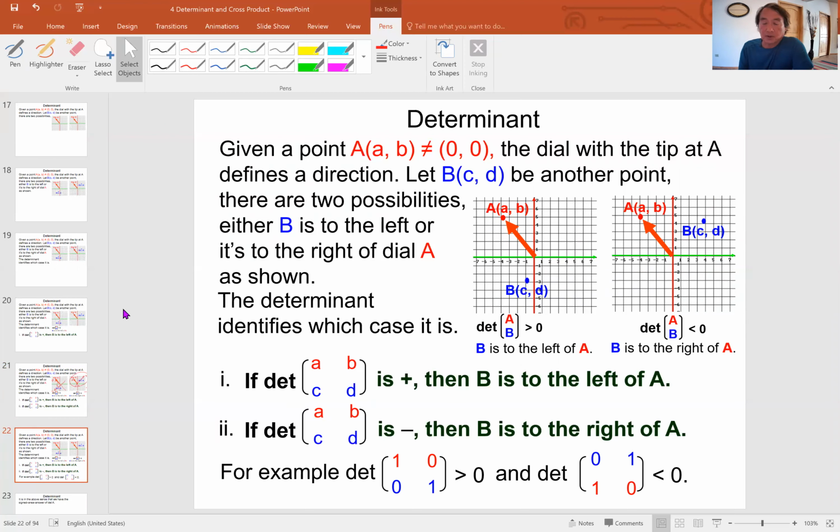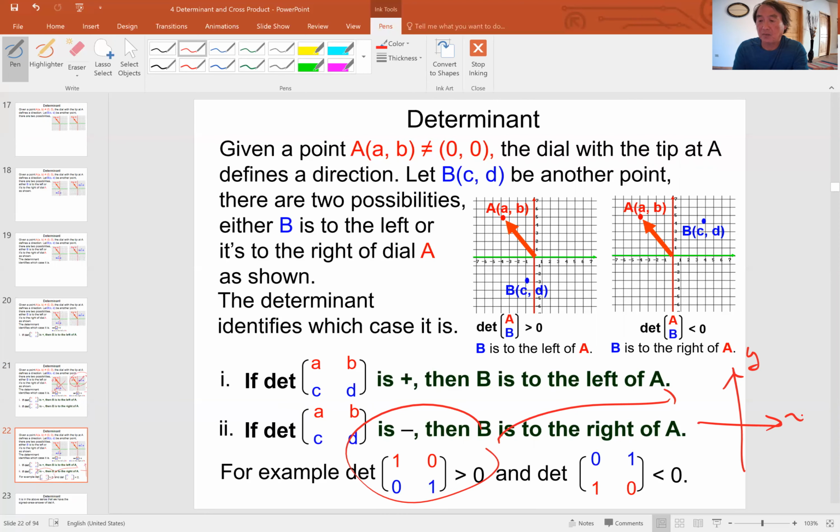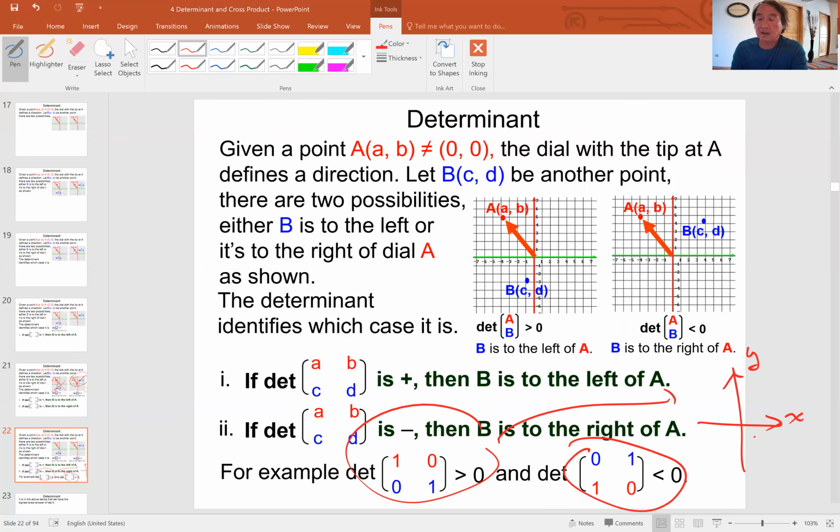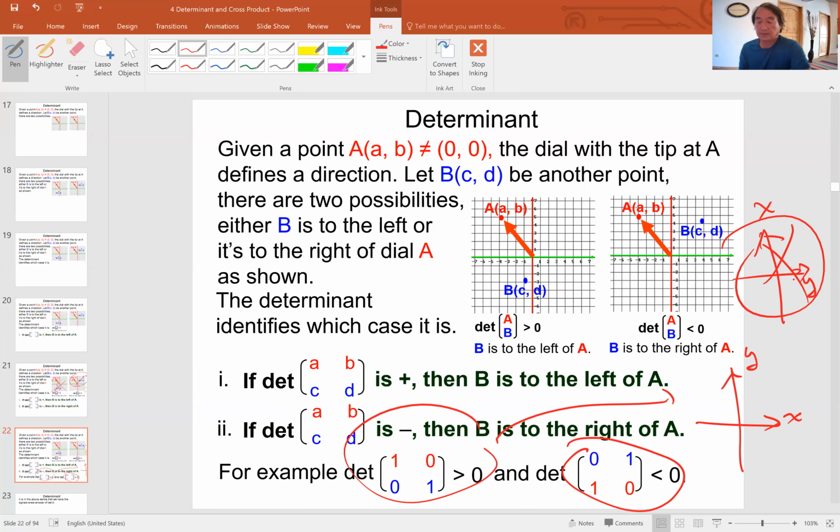So you can check with those two points. (1, 0), (0, 1) is the x, y, the way we prefer. And this one has a negative determinant. That means you're labeling the x and y axes with different systems.